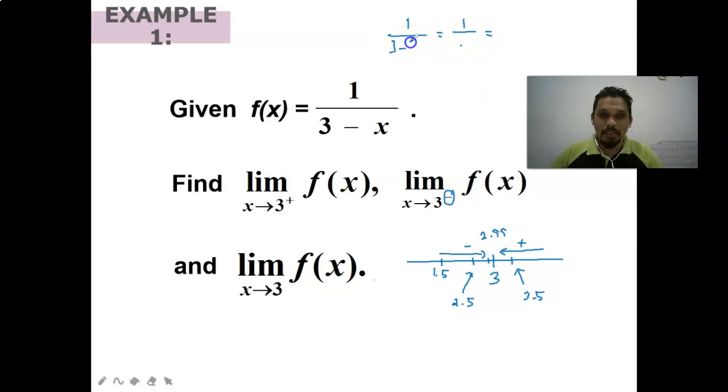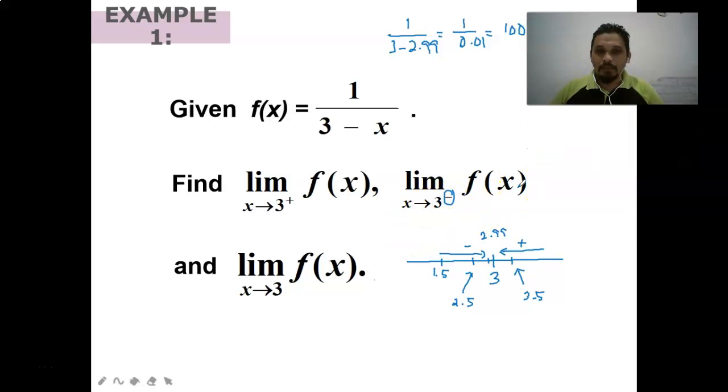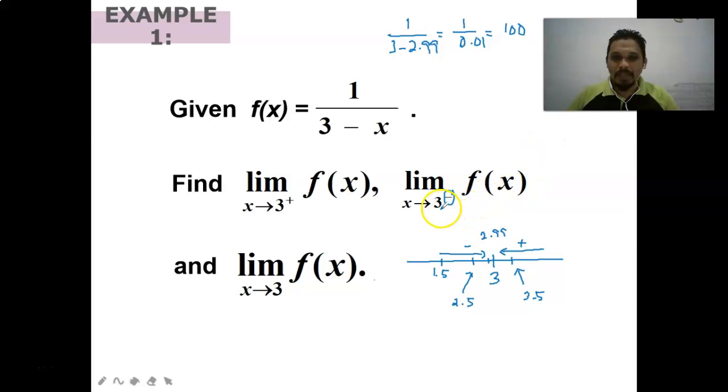So the limit as x approaches 3 from the left side, getting closer to 3 from the left side of f(x), gives you positive infinity.